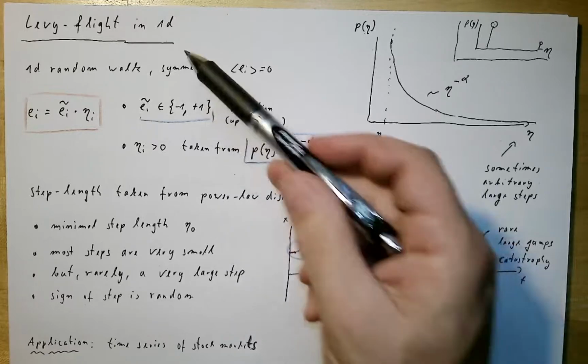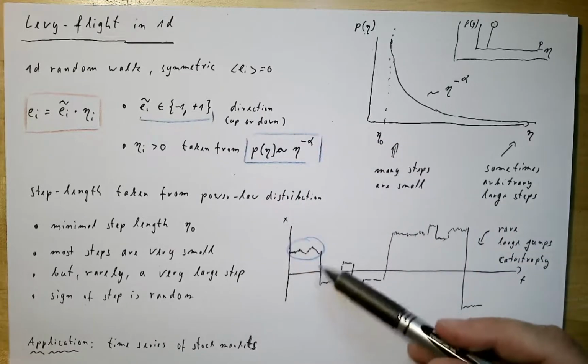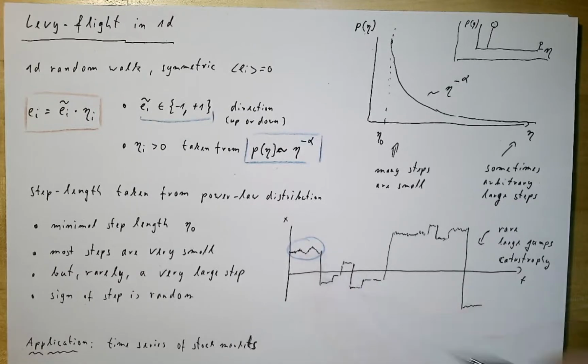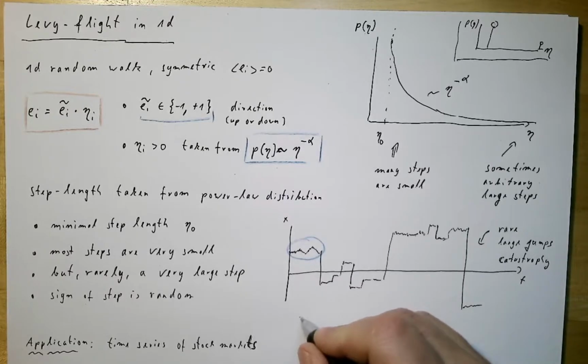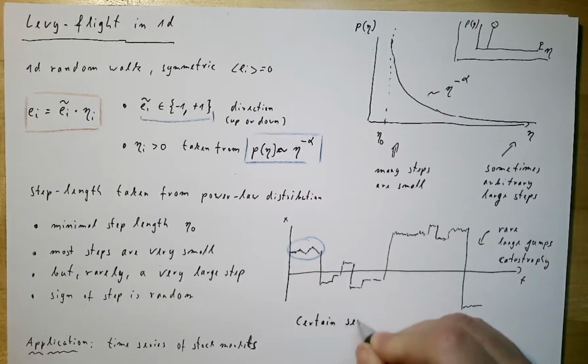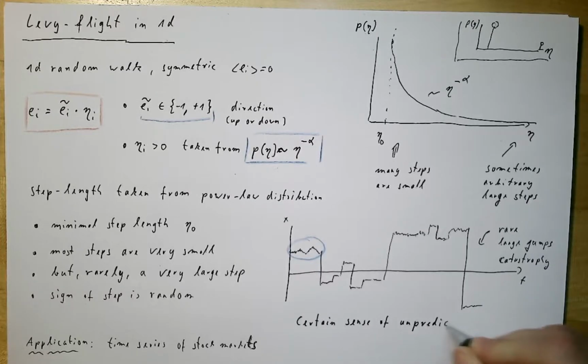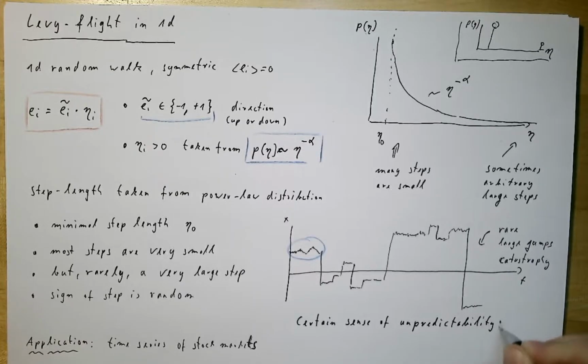Yeah? And so the Levy flight is then a model to model this kind of unpredictability. So there is a certain sense of unpredictability in such walks.